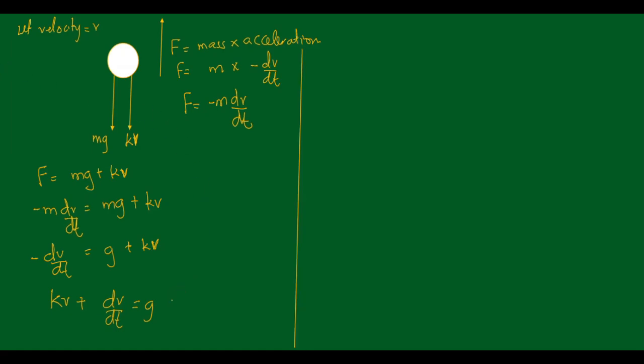This can be written as dv dt plus kv is equal to g, and this gives the first order linear differential equation.